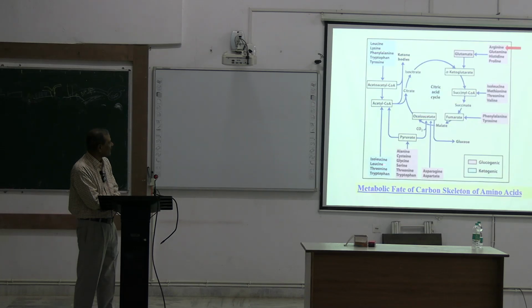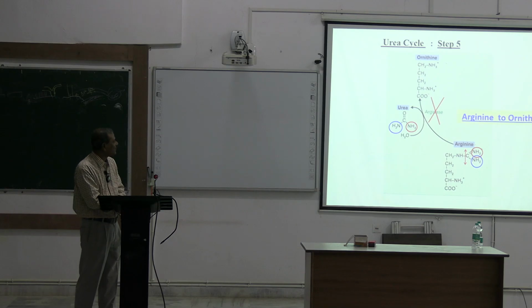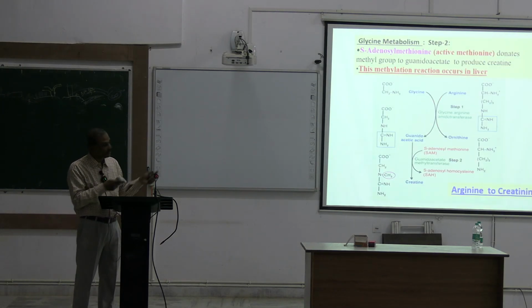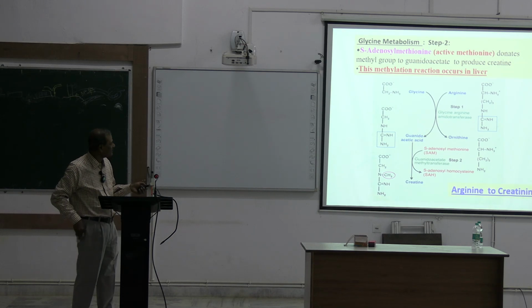So again, metabolic fate: if you look at this, arginine is a glucogenic amino acid. In the urea cycle, if you remember, arginine is converted into ornithine. So it contributes to ornithine formation. The breakdown product of arginine is ornithine. Glycine formation, I have shown this slide in glycine metabolism.